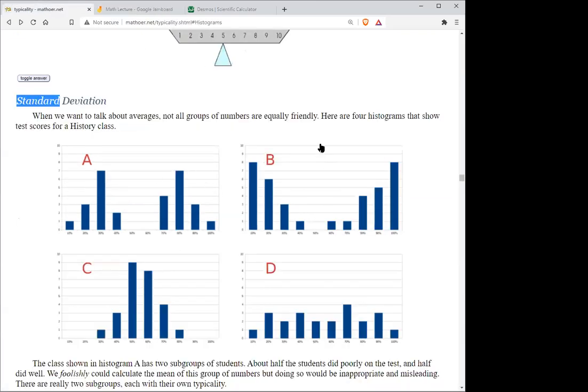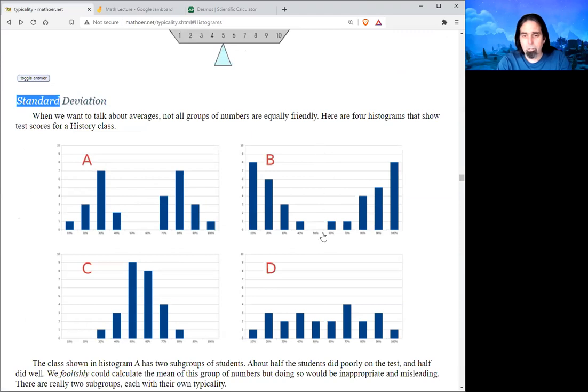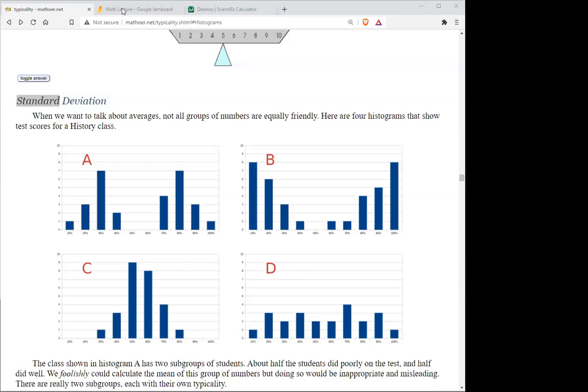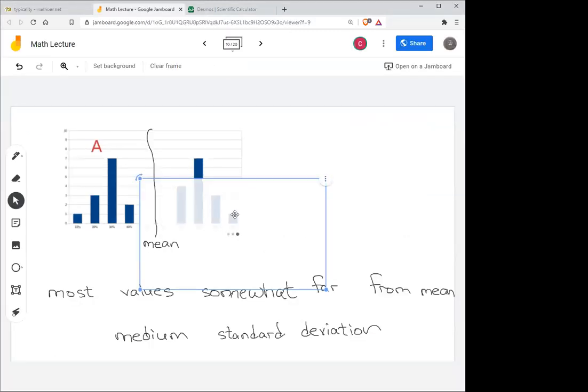How about B? Is B more or less deviation from the standard? Less. So comparing it to this one.